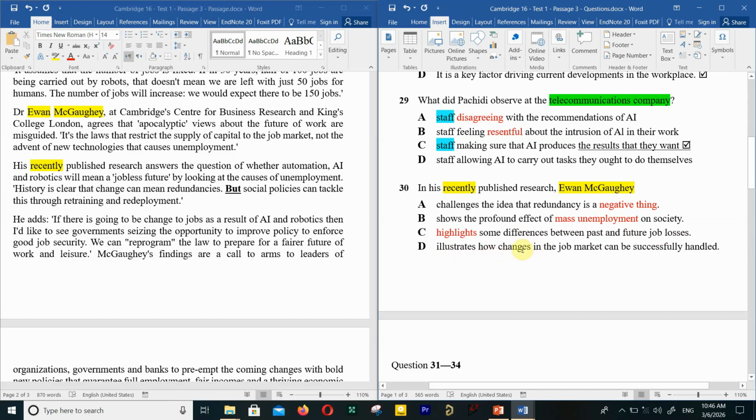Illustrates how changes in the job market can be successfully handled. Here it says that social policies can tackle this through retraining and redeployment. And of course, it's talking about changes. Change means redundancies. So it's obvious that the right answer is option D.